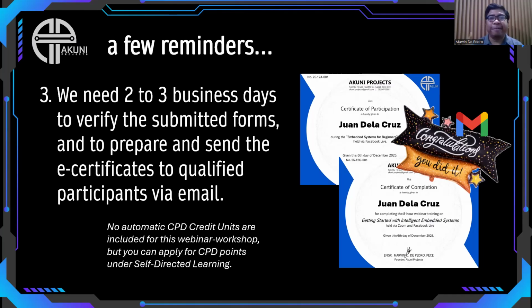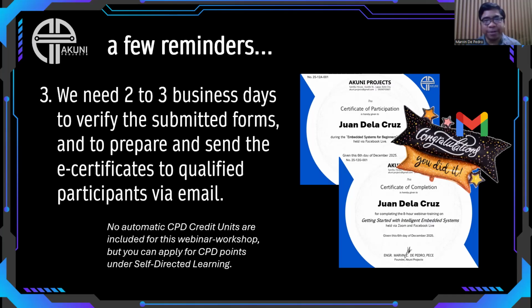So the earliest time that you can receive the certificate, assuming that you have submitted a valid evaluation form, is at 12:01 a.m. of this coming Tuesday, and that would be April 14. Okay, so that's the earliest.